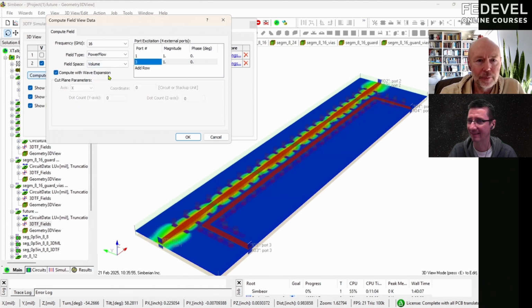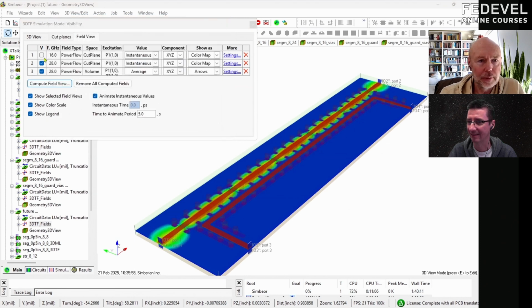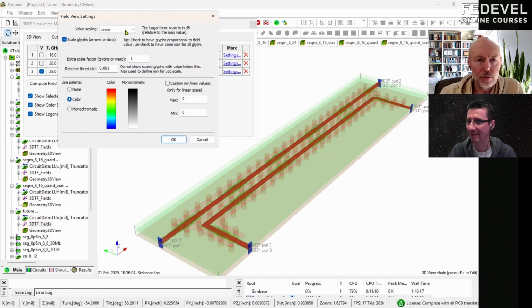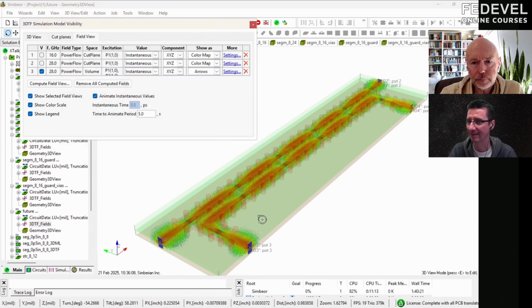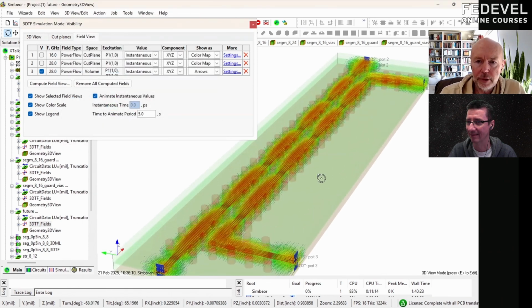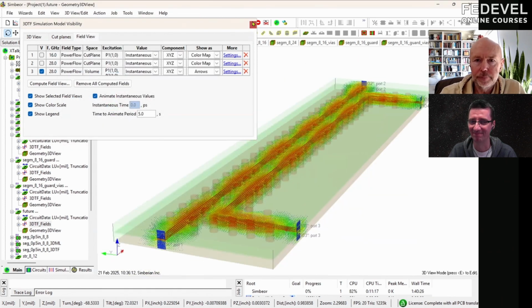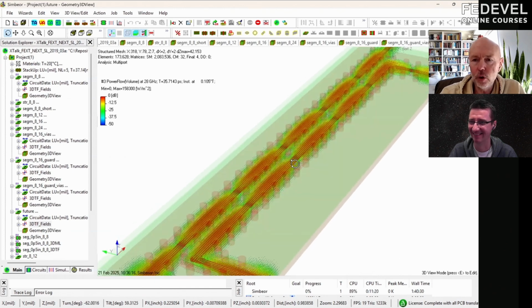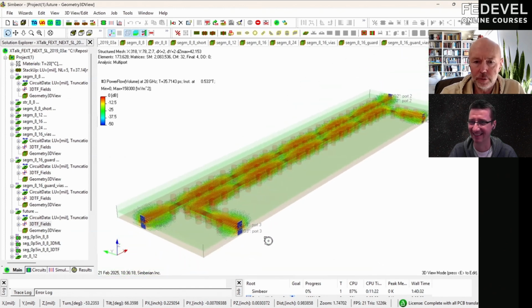Volume power flow at 16 and 28 gigahertz. Okay. And we switch to instantaneous logarithmic scale and put more zeros here. You see how nice it looks? The energy is localized.